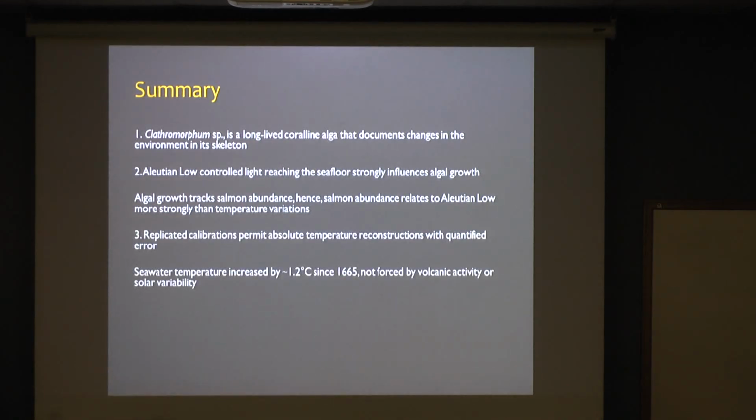We also know that if we do replicated calibrations, we can permit absolute temperature reconstructions with a quantified error. Doing such a reconstruction going back to 1665, we know temperature has increased by about 1.2 degrees Celsius, and that it's not forced by volcanic activity or solar variability. So it's probably related to the intersection of climate patterns unique to that area, and that's what we're working on now to try and tease apart.